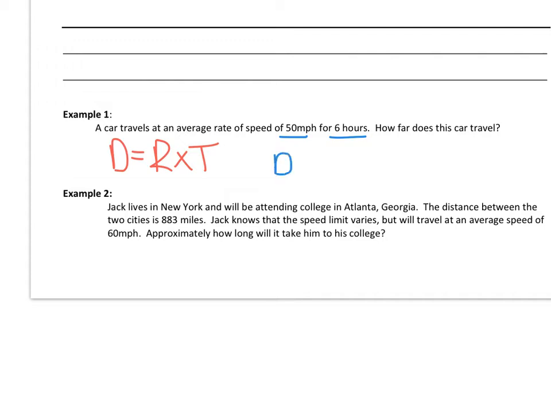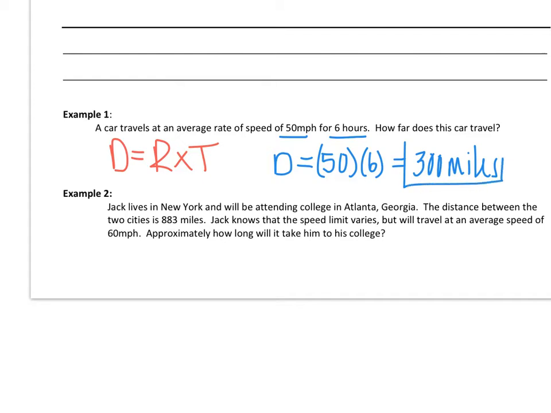So if you plug it in the formula, D equals rate times time, and you'll get a distance of 300 miles. And that's the answer there. Very simple, just using the application of distance equals rate times time.